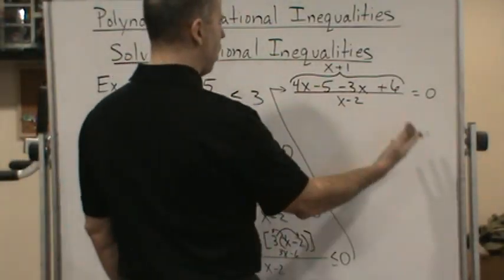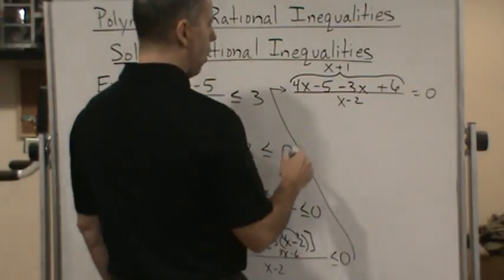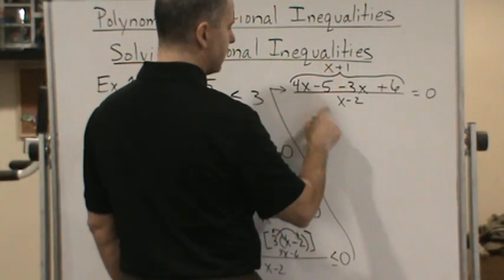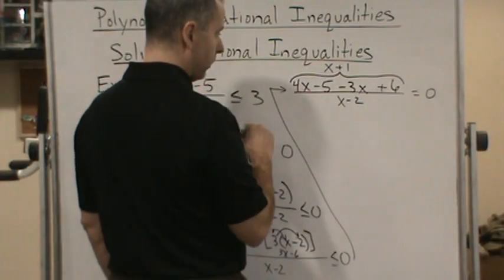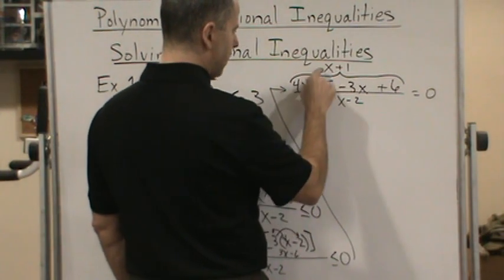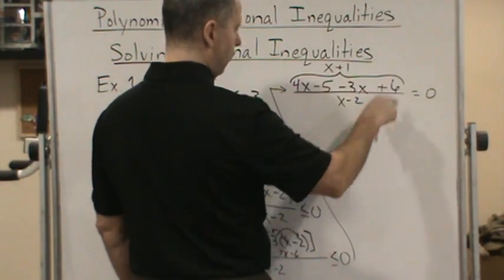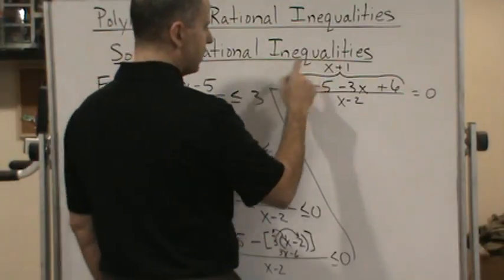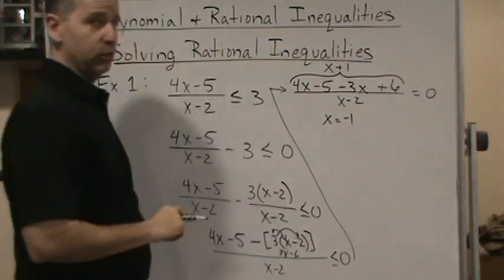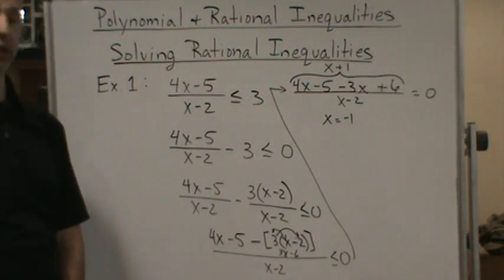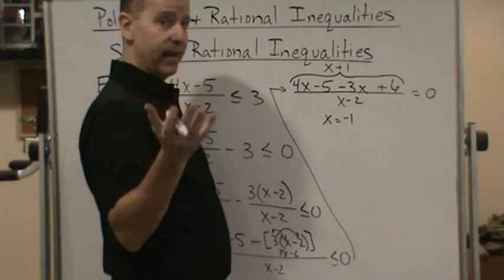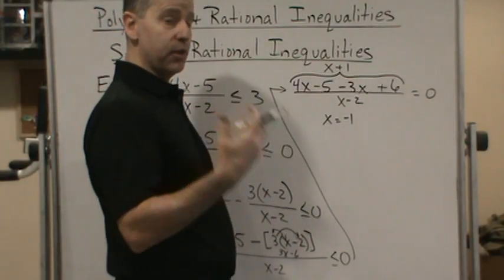So now I want to find all the real solutions. So all the real solutions are going to be what values of x give me 0 here. Which means I'm focusing on the numerator. So the only value of x that will make this whole function 0 is negative 1. So x equals negative 1 is a real solution. Now, because it's a rational expression, I also need to find the values of x that will make this undefined.